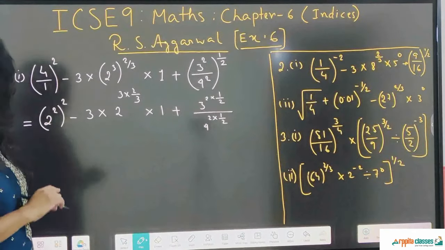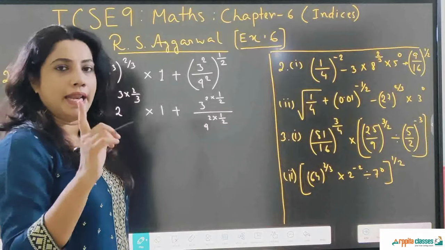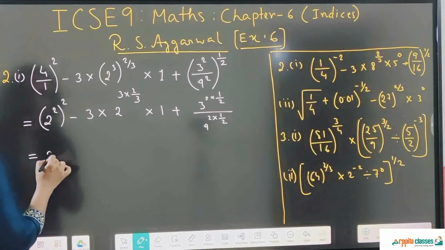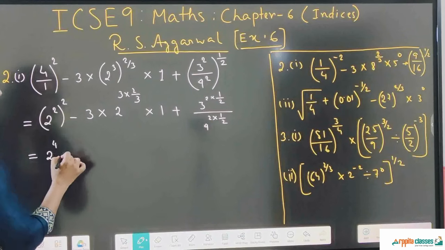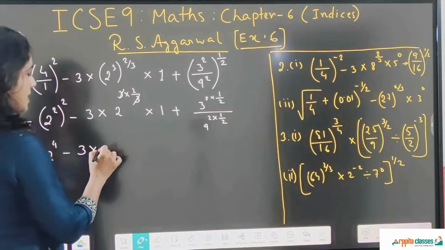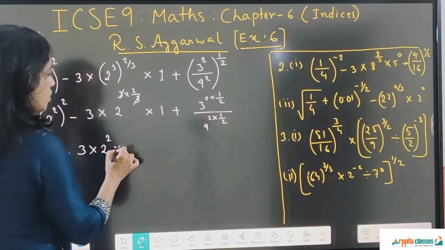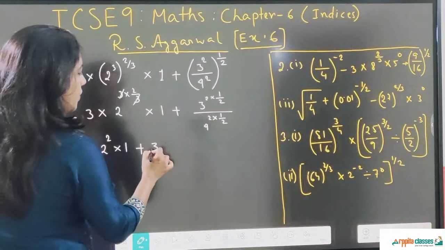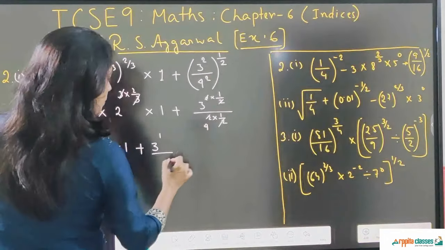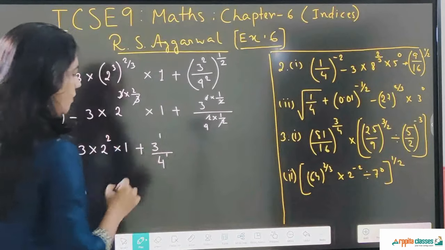I use the same formula. Now here it will be 2 to the power 2 into 2, that's 4, minus 3 into, here 3 and 3 get cancelled, 2 square into 1, plus 3 to the power 2 and 2 gets cancelled, 1 divided by, here also 2 and 2 get cancelled, this is 4 to the power 1.